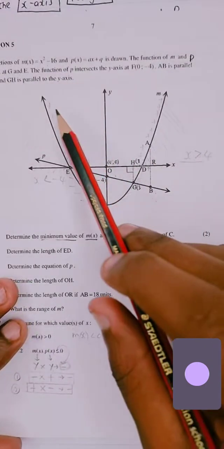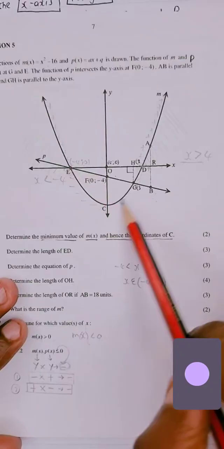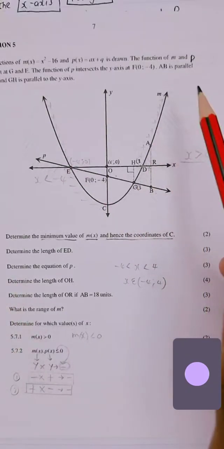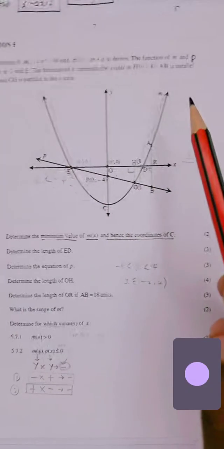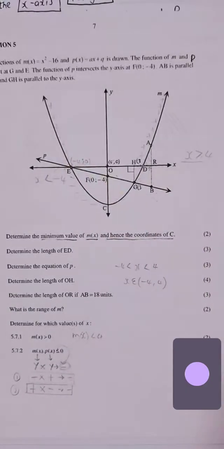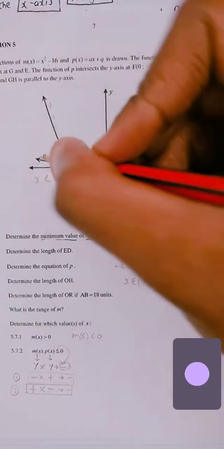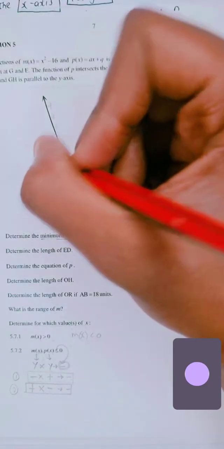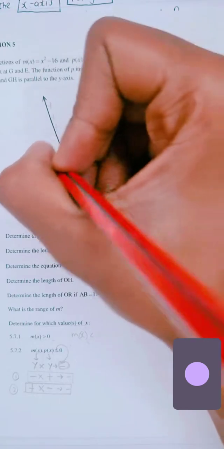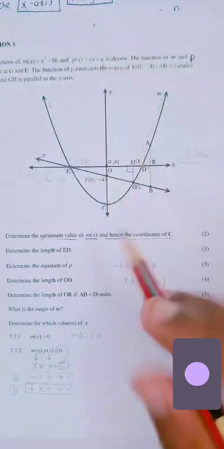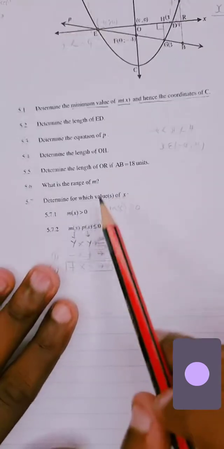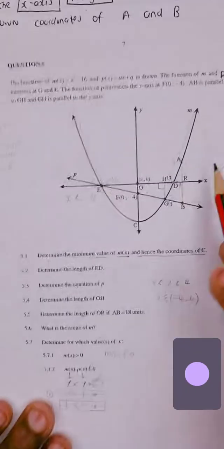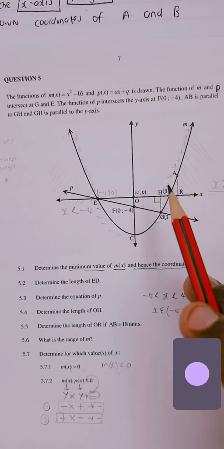So what I did already is I've put plus signs and minus signs for the parabola. The only thing that's left now is I need to do it for the straight line. So here, how is the straight line? Negative. Remember, we are talking about y, not x.